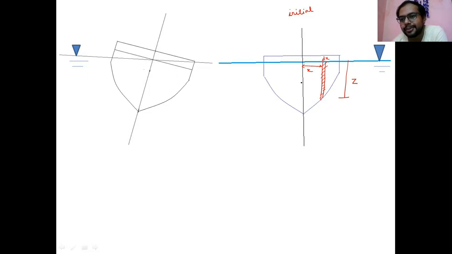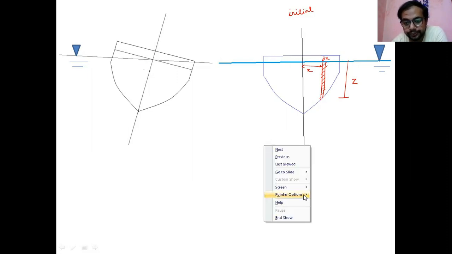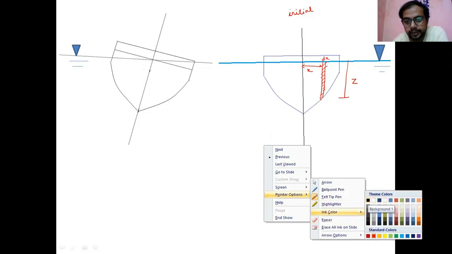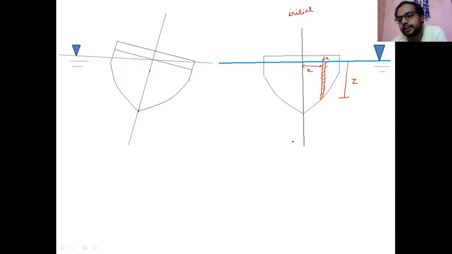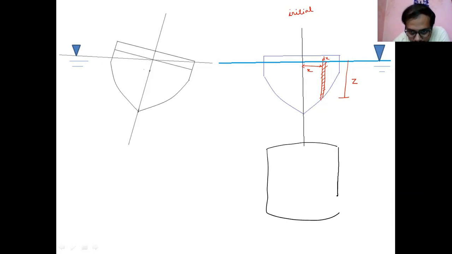So where is the position of the center of buoyancy? For getting the position, I have to draw one more thing now: the plan view of this. The plan view of this boat is like this.